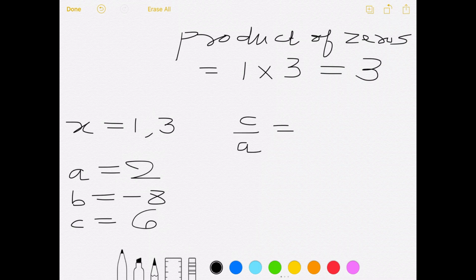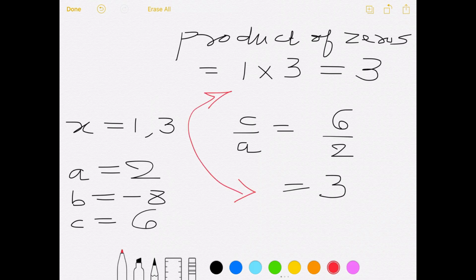Now c is 6 divided by a is 2. 6 on 2 will give you 3. So on using the formula or the coefficients, you get the same answer as by using the numbers. So the product of the zeros can be given by the formula c on a.